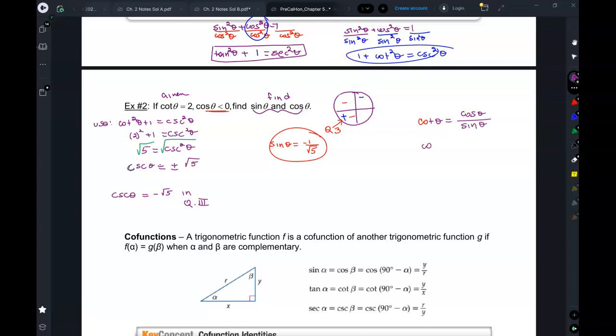So cosine of theta is sine times cotangent of theta, right? So what's cosine of theta? Negative 1 over root 5 times 2, negative 2 over root 5.